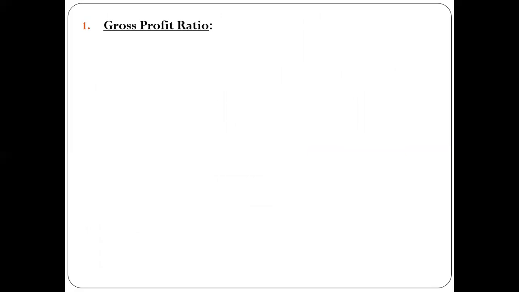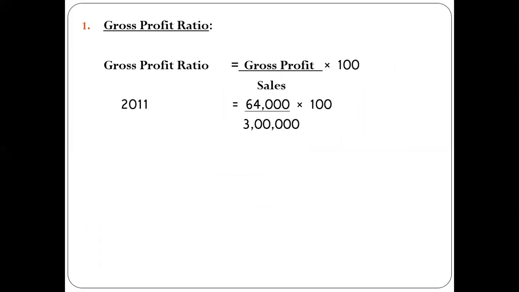The formula is gross profit divided by sales into 100. In 2011, we have the gross profit of 64,000 and sales of 3 lakh rupees. So we divide 64,000 by 3 lakh into 100, and we get 21.33% gross profit ratio in 2011.